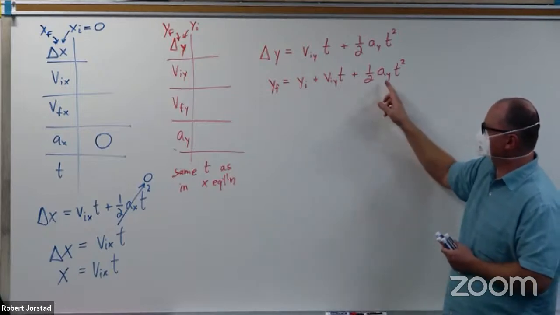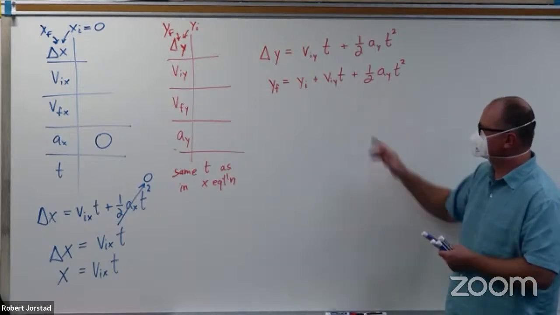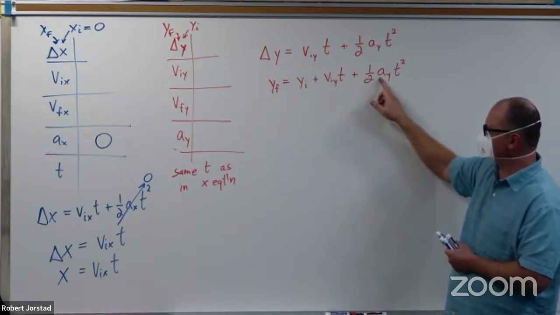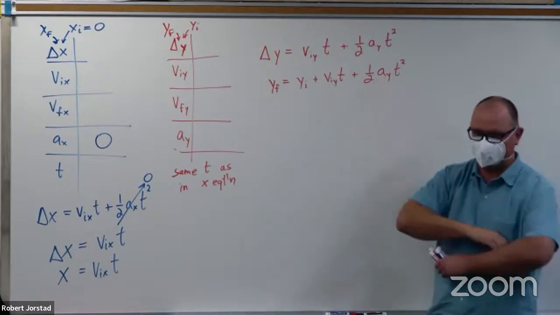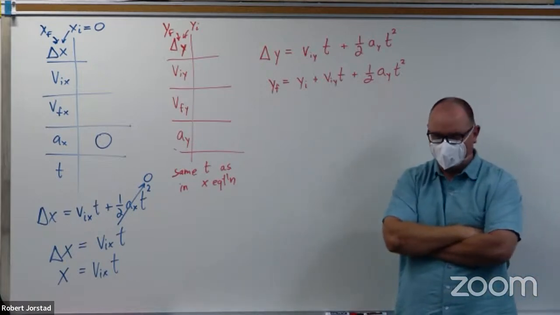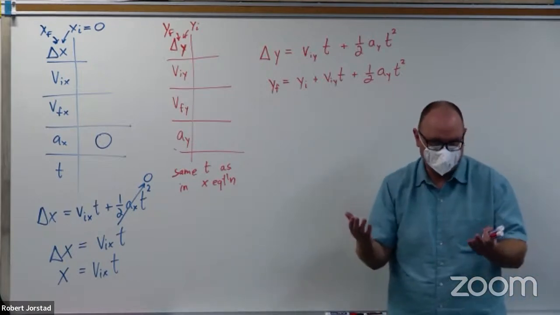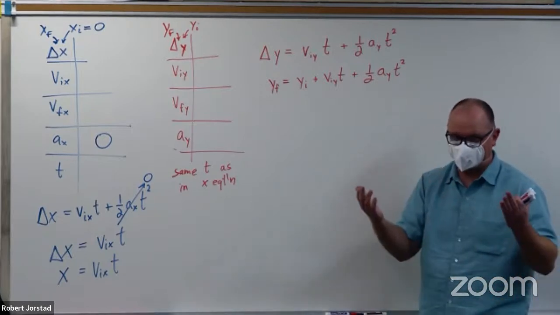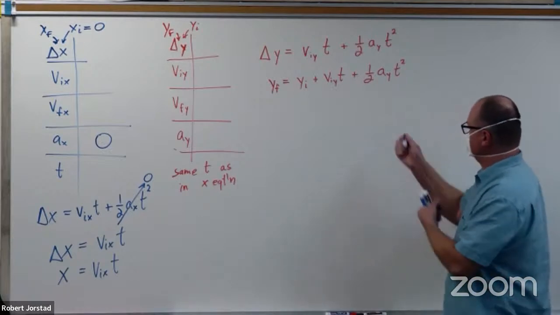What about a sub y? Is that constant? For a standard projectile, is the acceleration in the y direction changing? Is gravity changing? No. Unless you launch it really high so that it goes up into outer space, gravity is the same value approximately all the time. So this is a constant.